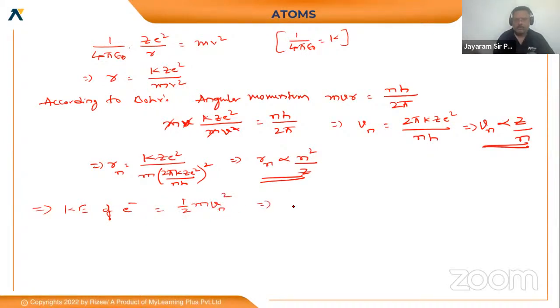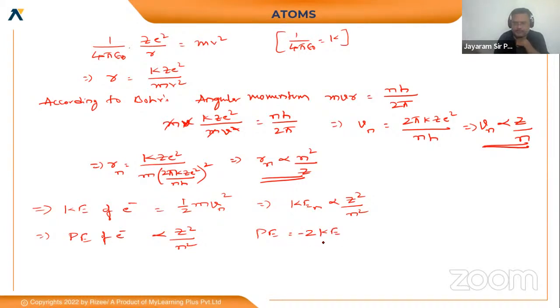So in that sense, the kinetic energy of the nth orbit is proportional to Z square by n square. Similarly, the potential energy of an electron revolving in a circular orbit is also proportional to Z square by n square, and the relation between potential energy and kinetic energy is: potential energy is equal to 2 times the kinetic energy but with a negative sign.